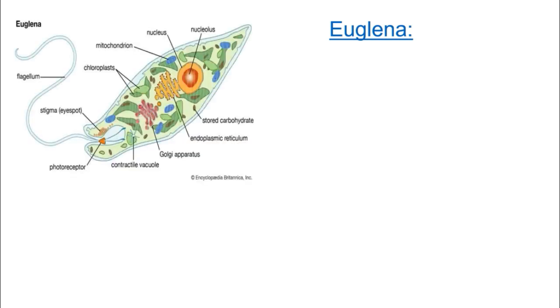Now next in the series of protozoa is Euglena. And how does it look like? This is the diagram of Euglena, and you need not go through the details of this diagram.